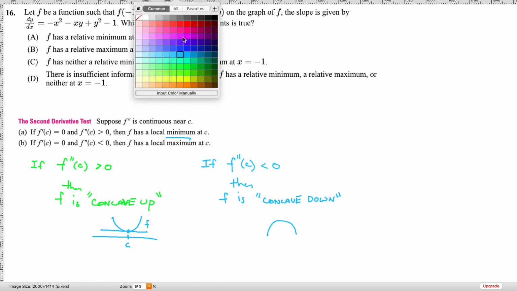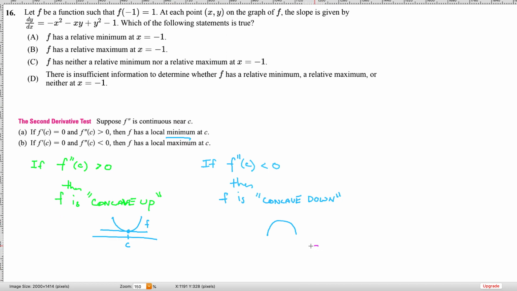And with this, you can again see that here's c, let's say, and it's very clear that the derivative, f prime of c, equals 0. The slope of the tangent line is 0. And then you can also see that f double prime of c is negative, and that this point right here is a local maximum. It's at the top of the hill. And this one is a local minimum because it's at the bottom of the hill.